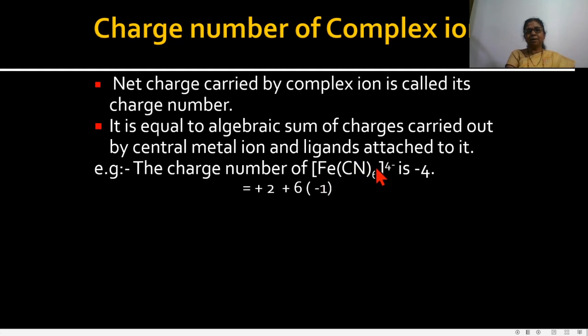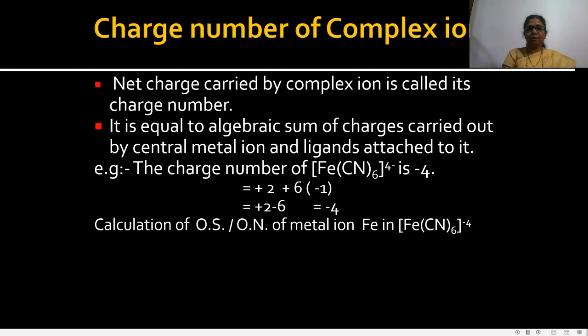Here, Fe has +2 and each cyanide has a -1 charge, and there are 6 ligands, so it is +2 - 6, which is equal to -4. Therefore, the charge number of this complex ion is -4.